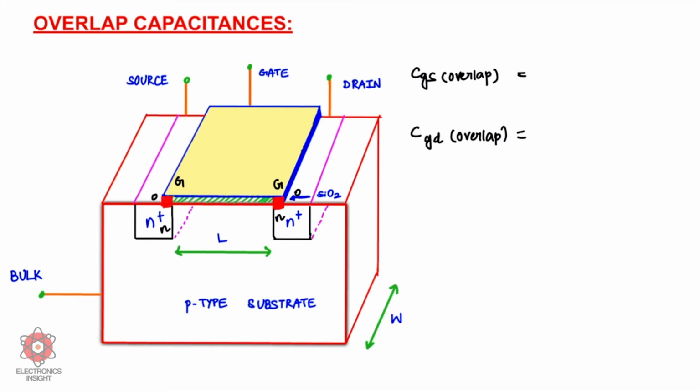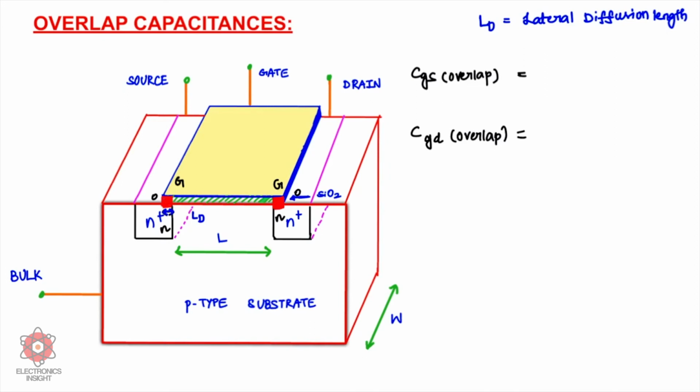So this you can write after defining the overlap length. Here the overlap length is going to be defined as LD, or you call it the diffusion length. LD is the lateral diffusion length, which is on both the sides, source and drain.